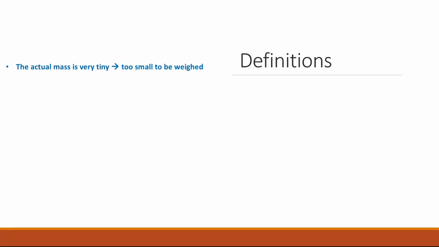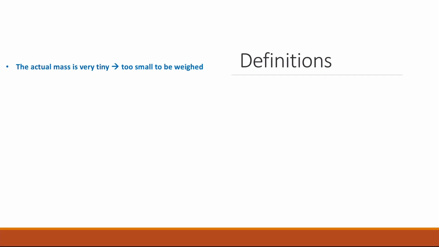Some important definitions needed for the A-level specification, which will be a bit different from the definitions we used for the GCSE, are the definitions related to the relative atomic mass and the relative formula mass or relative molecular mass.